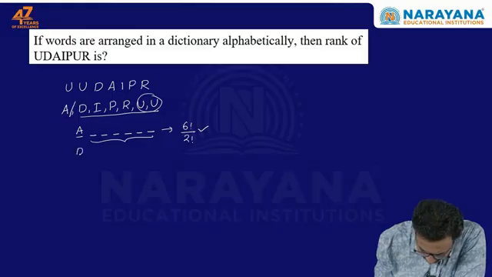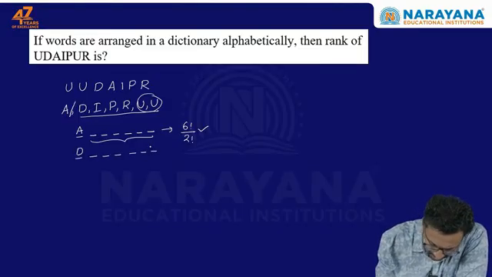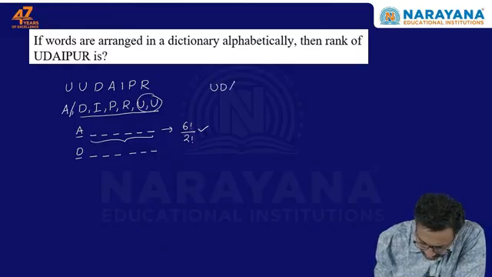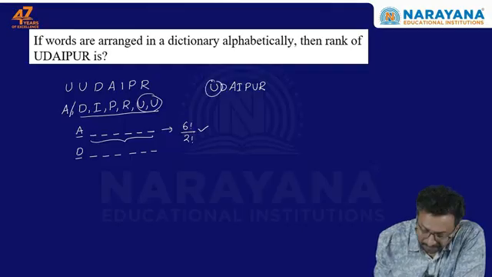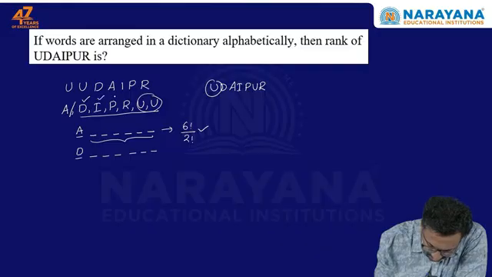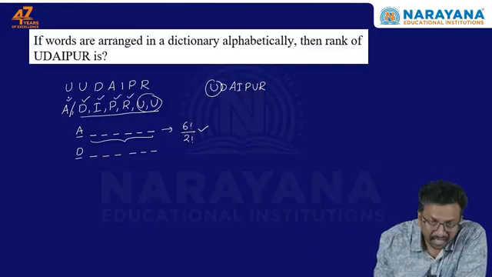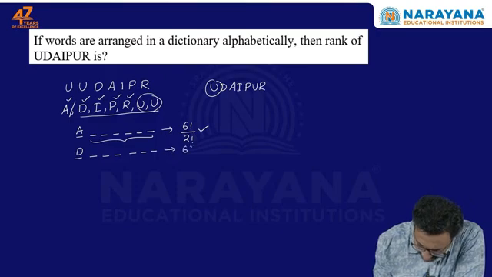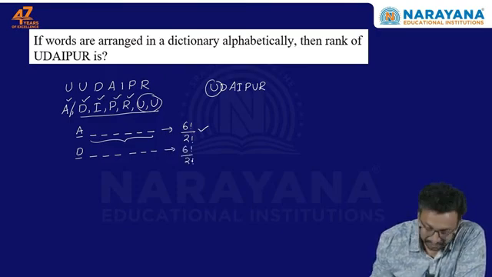Next, similarly, how many words will start with D? Before the word Udaipur, which starts with U, words starting with D, I, P, R, and A will all be completed. So words starting with D, again 6 factorial by 2 factorial.